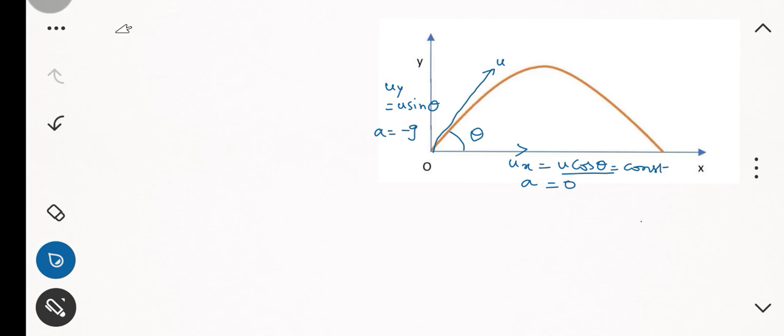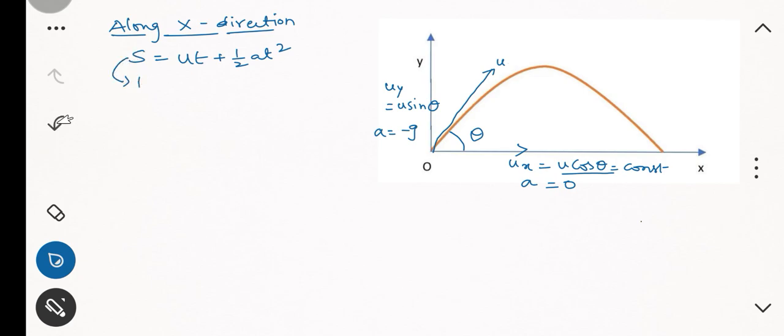Now along the x direction, that is along the horizontal direction, from the expression s is equal to ut plus half at square, we can write s is equal to x, the horizontal component, u is equal to ux, and t is the time taken, and a is equal to 0 in the x direction, so the term half at square becomes 0.